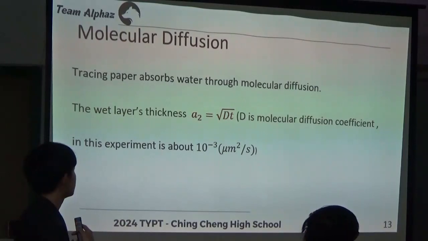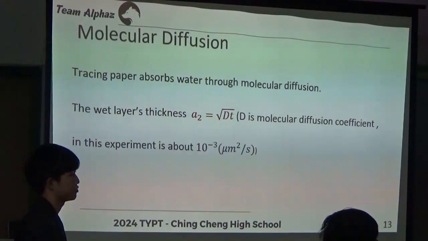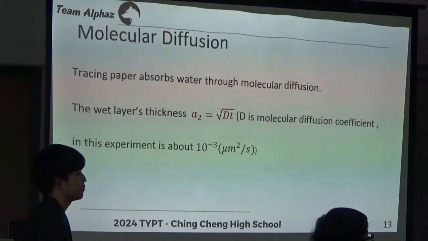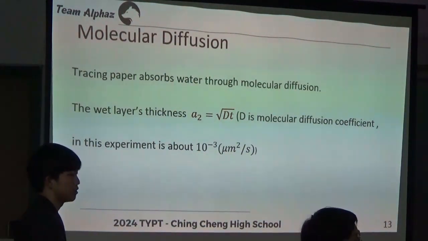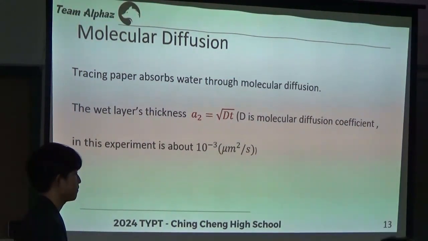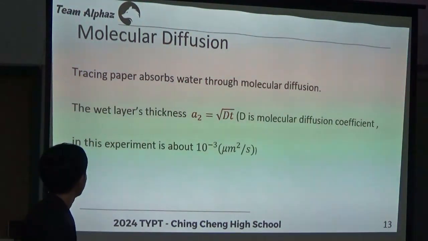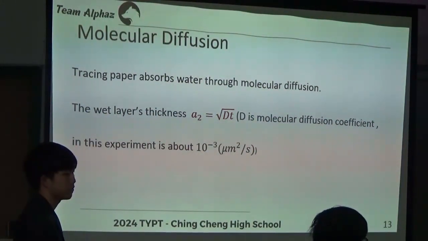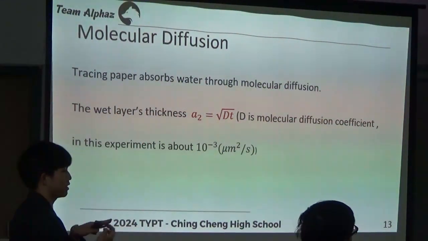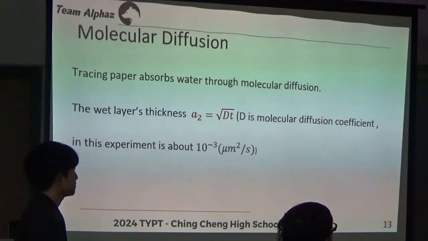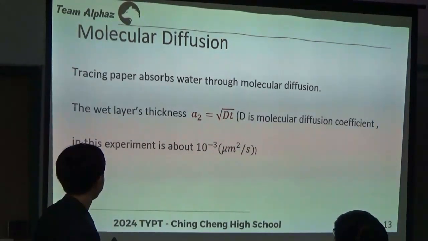And here we come to the molecular diffusion. The molecular diffusion is about water absorbed into the paper. Because the molecules are different, the water will get into the lower layer of the paper.